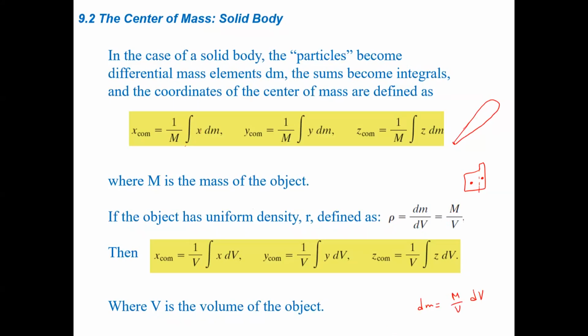I will substitute dm here by m over v dv. I'll take the mass and the volume to the outside. They are constant. M and M cancel out. I got 1 over v integral of x dv. This is another formula to use to find the position of the center of mass.